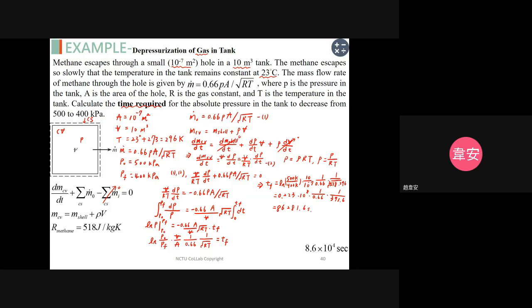So you can calculate your answer. TF is around this number, and the number of seconds shown here is quite close to 1 day.